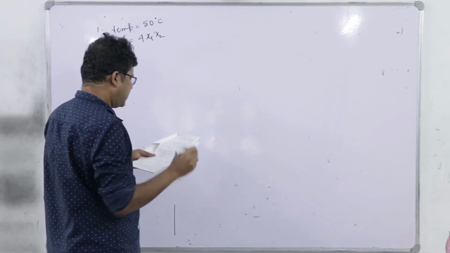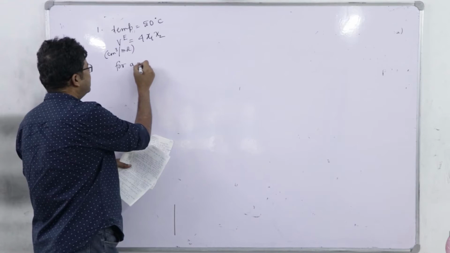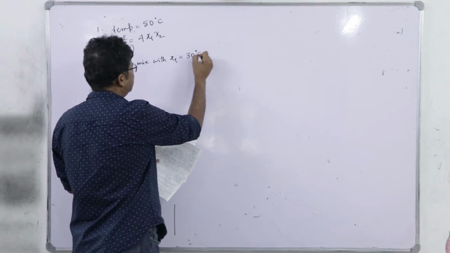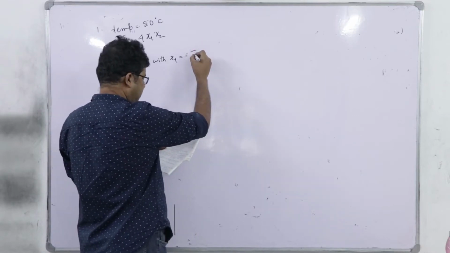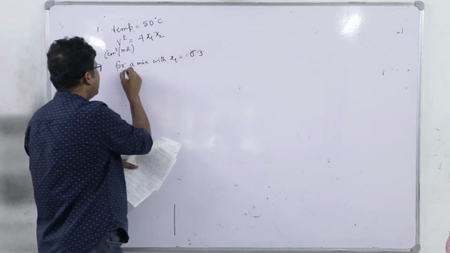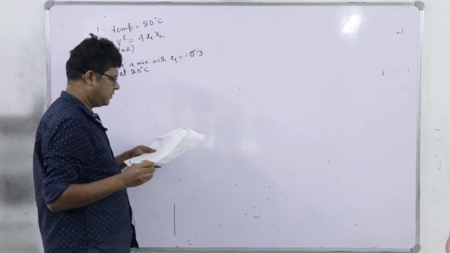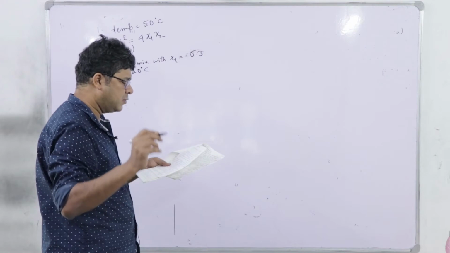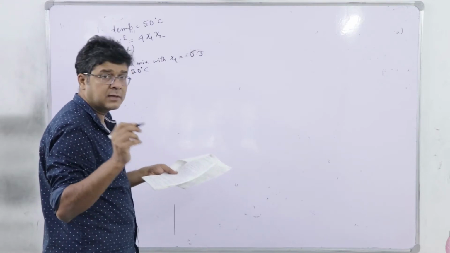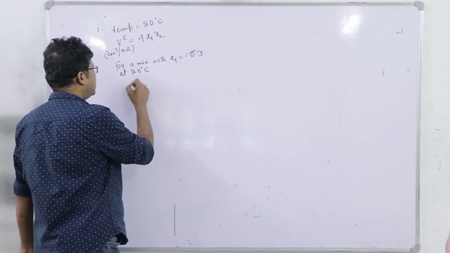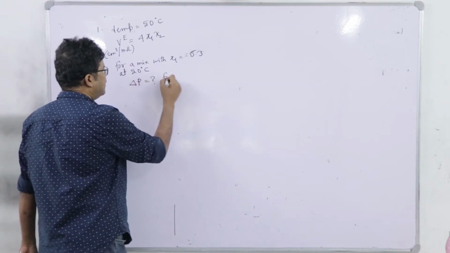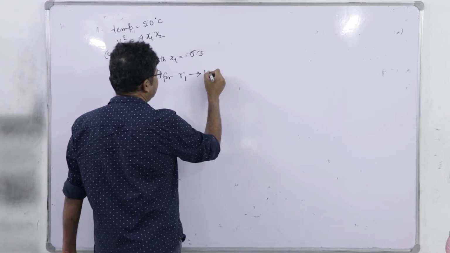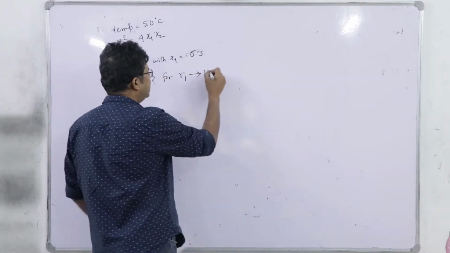For a mixture with x1 equal to 0.3 at 50 degrees Celsius, how much must the pressure be raised to increase the activity coefficient gamma 1 by 1%? So, we have to find delta P for gamma 1 going to 1.01 gamma 1, since 1% means 1.01 gamma 1.